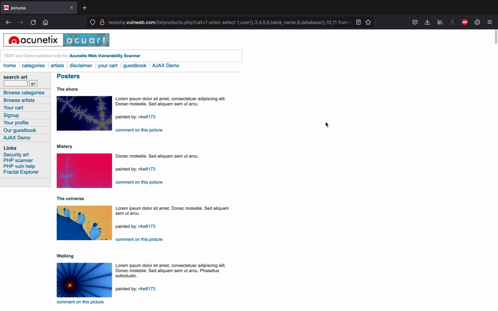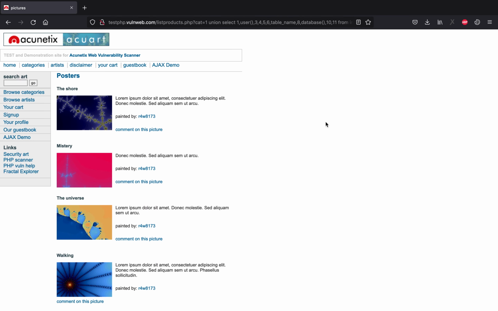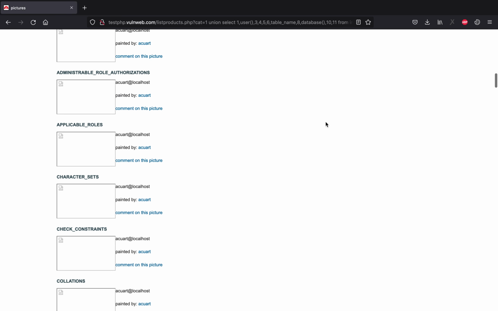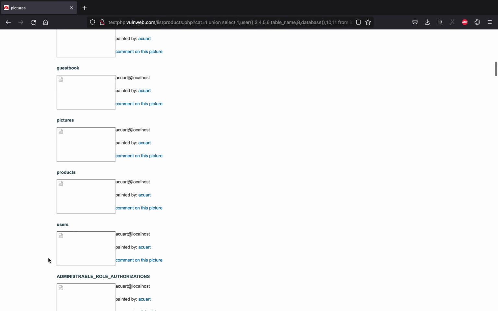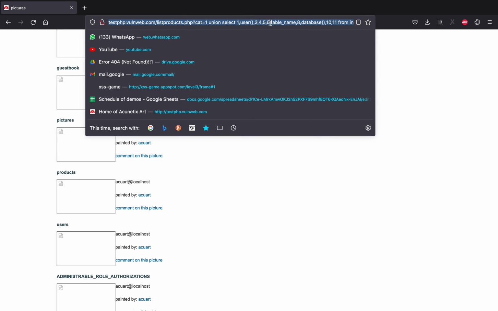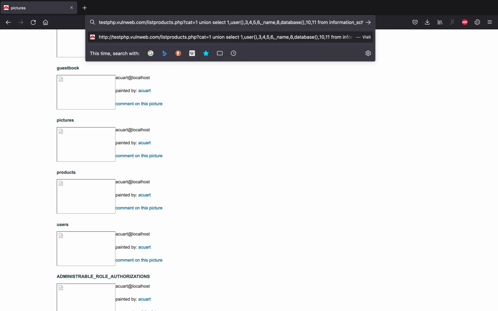Since there are so many tables, we want to narrow it down by selecting just one table which can contain some juicy information, and that seems like users.